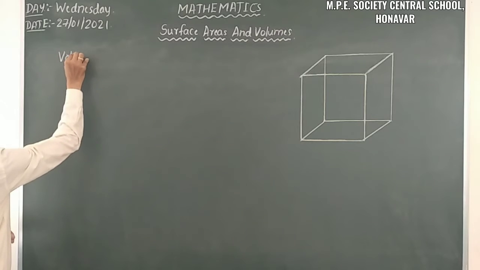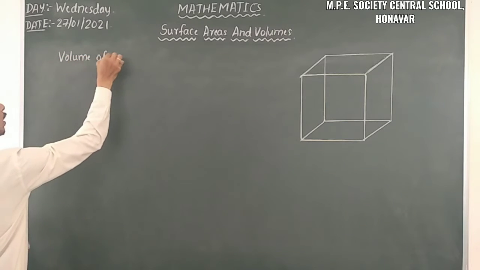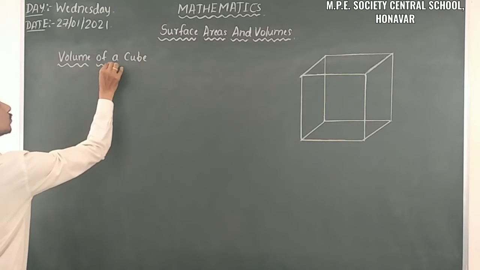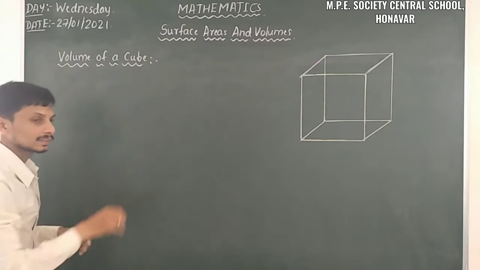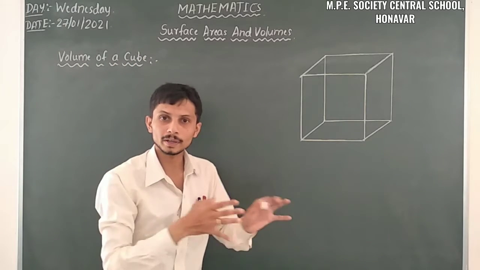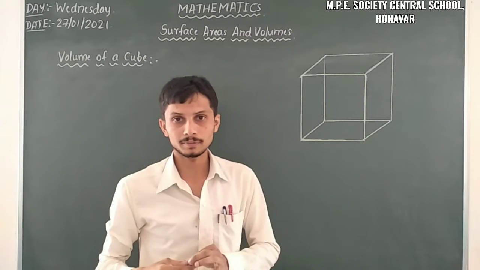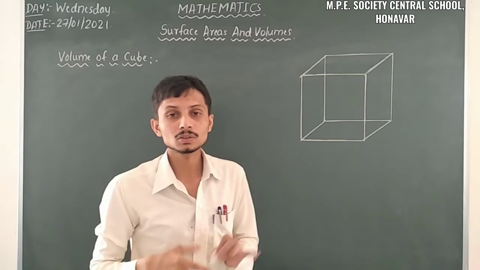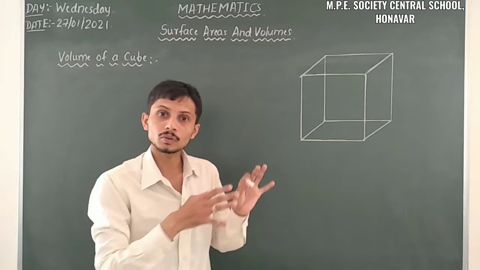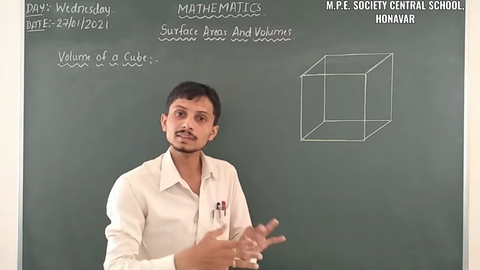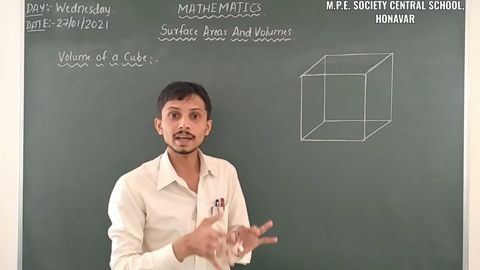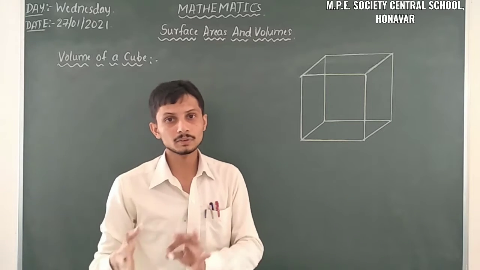Volume of a cube. Yes, we already know about the cube and cuboid, so there is some similarity. In a cuboid we have L, B and H. In the case of a cube, when the length, breadth and height of the cuboid become equal, then the cuboid is converted into a cube.